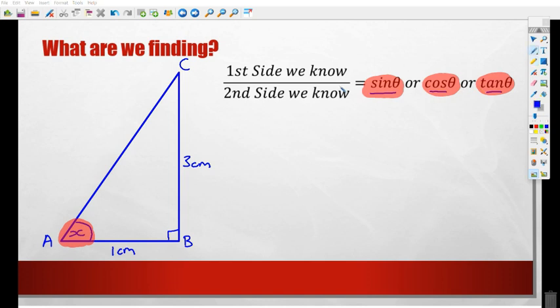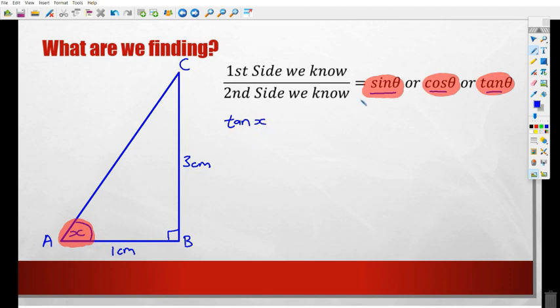If we look, I've got an opposite side and an adjacent side to this angle. Opposite over adjacent is tan. Tan of what angle? Tan of x.